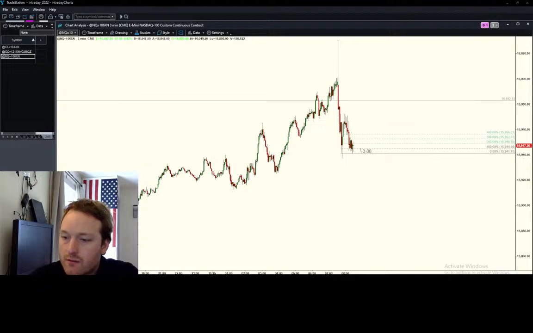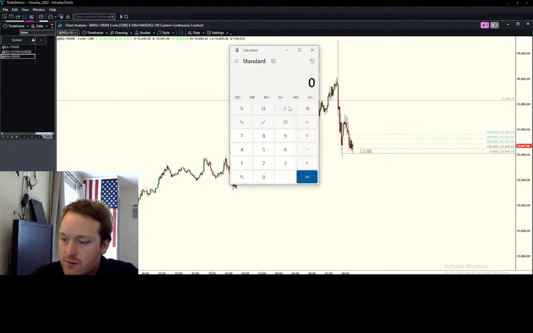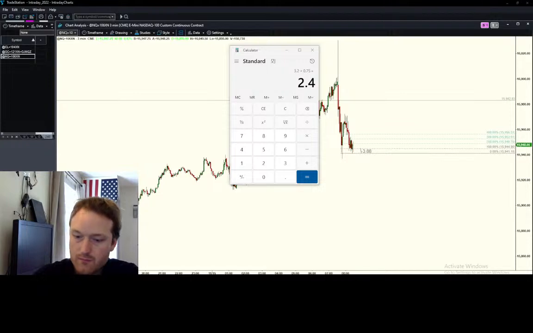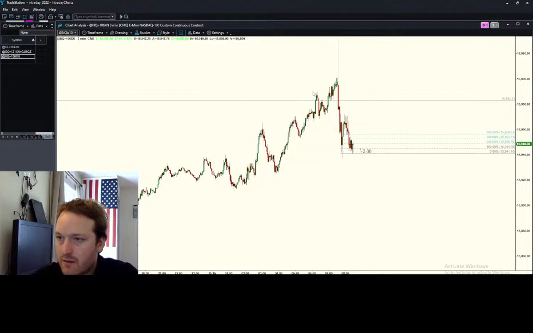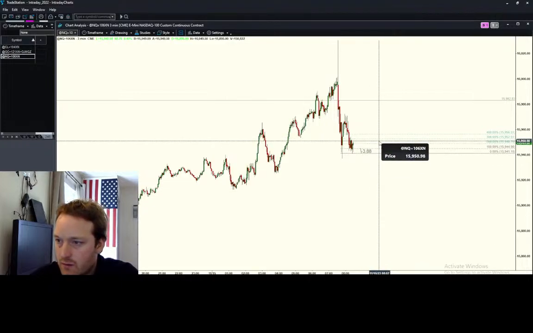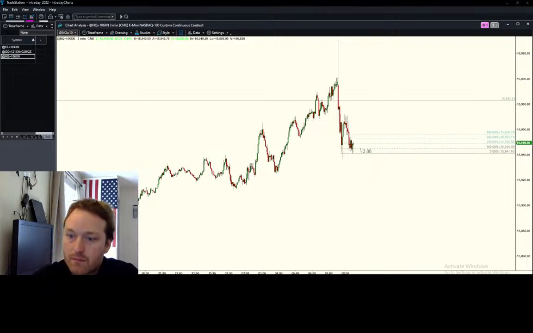Piz of 3.2 times 0.75, 2.4 risk. 2.4 apples I'm risking, and then on the other one, I also moved my stop. So Piz, let's take a look at that Piz. Sorry, 1 to 1 now, 1.5 to 1.